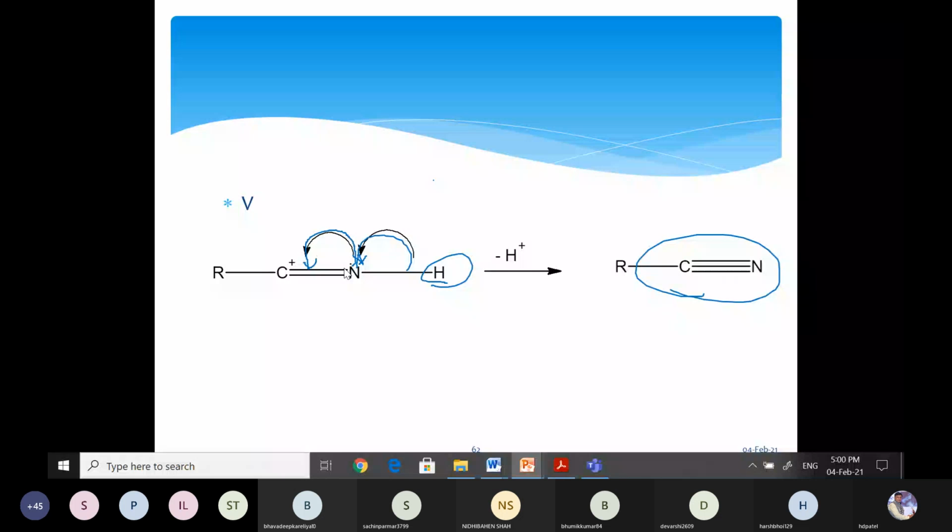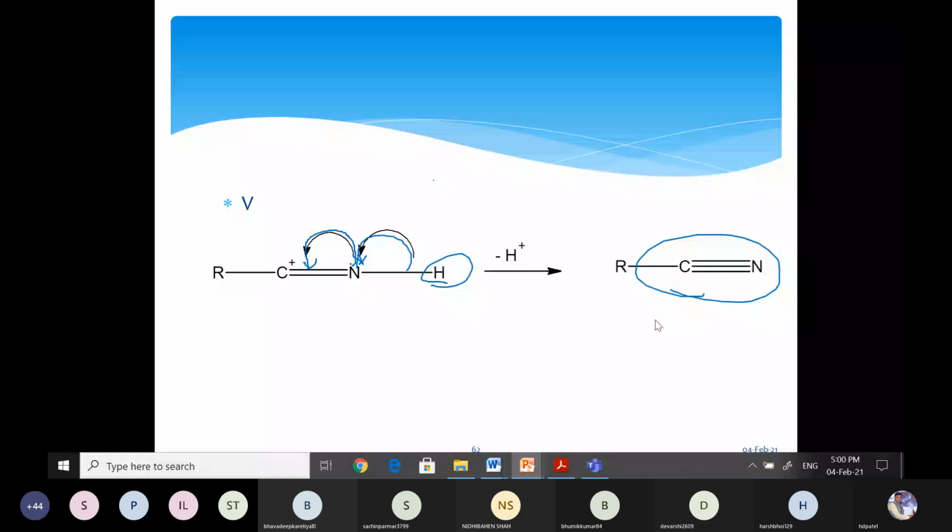When nitrogen gives electron, this nitrogen becomes electron deficient, and that's why nitrogen will pull electron from the hydrogen, and finally we will get R C triple bond N. So this one is known as a substituted nitrile, or cyano derivative. But normally when CN is there, it is known as a nitrile compound. So nitrile products we can form from the aldehyde.